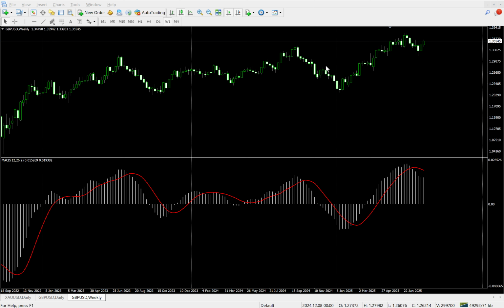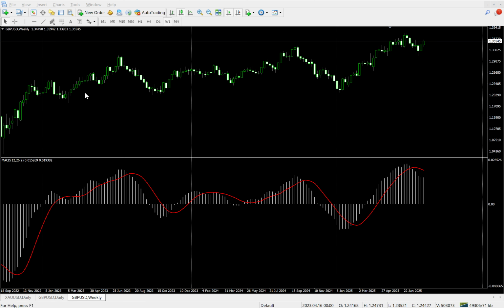As I mentioned, from the name of the strategy, three screens, we mean three time frames. The first time frame is the weekly time frame. This is where we identify the global trend, whether we are bullish or bearish.